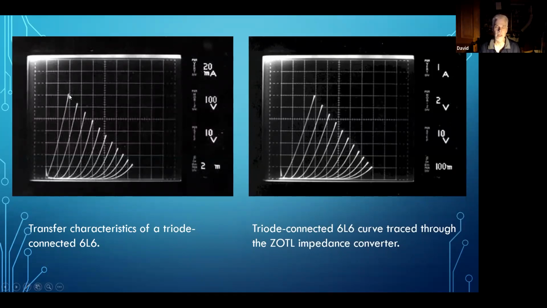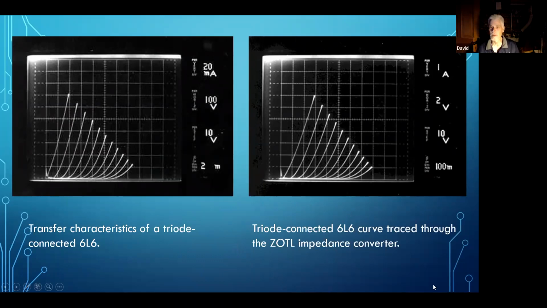So that's not going to go very far in driving a speaker. You're going to have a lot of voltage drop across your tube if you try and hook a speaker up to this directly, and that's why transformers are used. That shows the real problem of trying to use a tube to directly drive a speaker.